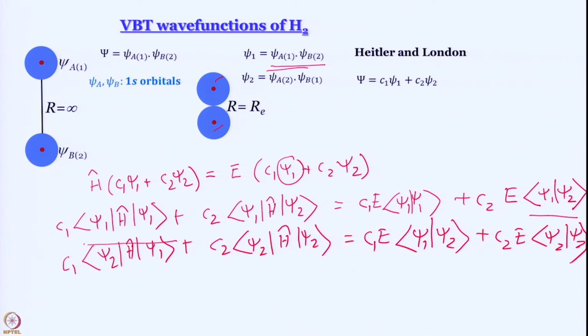We are going to evaluate all these. For now what we do is we call this H11, we call this H12, we have encountered these earlier, remember. We call this H21 and we call this H22, and with this we can rearrange the equation also.